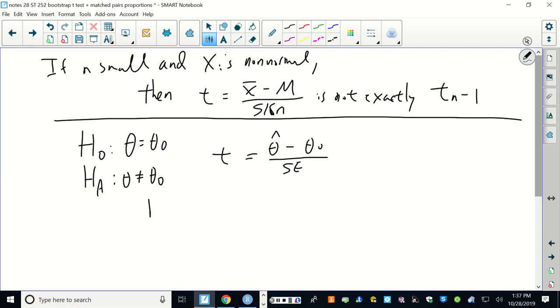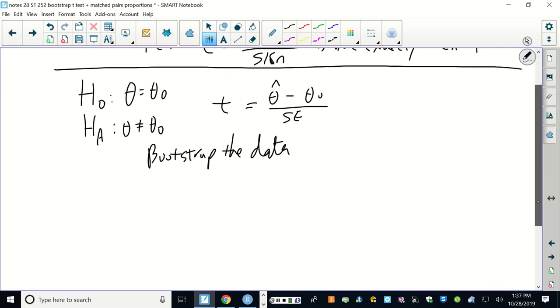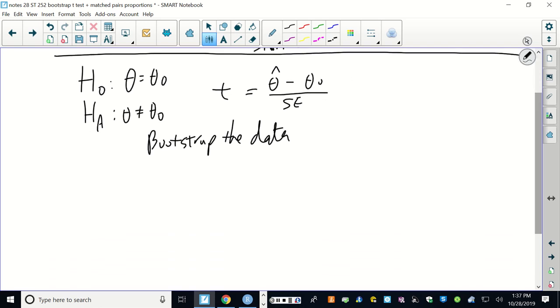So we're going to bootstrap the sample. So we're going to sample n times with replacement, W, from our data.